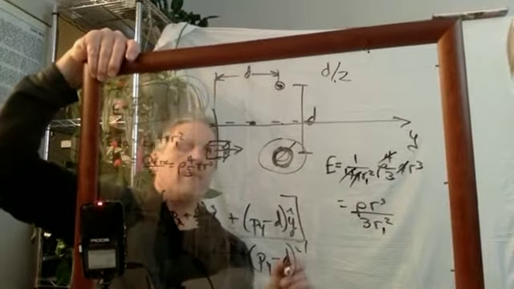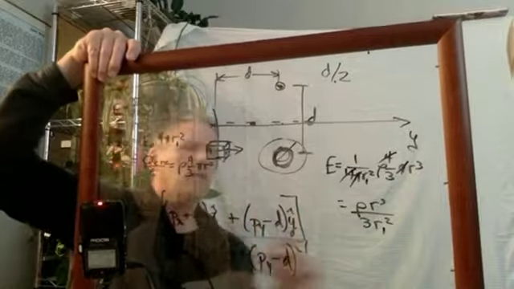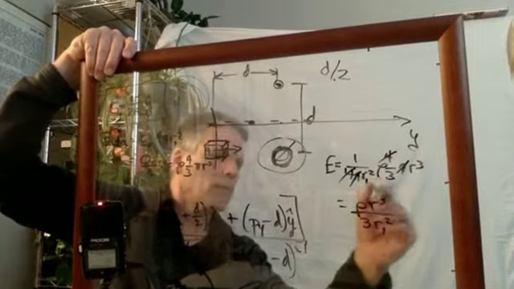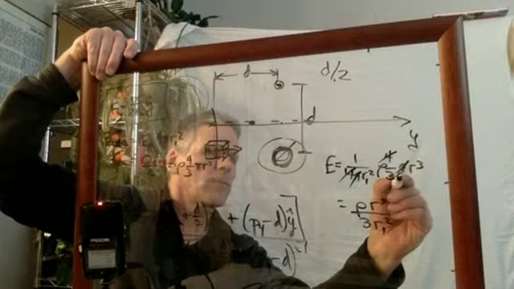Oh, yes, it does look funky, but it should look funky, so it's okay. And I forgot an epsilon 0. So there's an epsilon 0 underneath here.